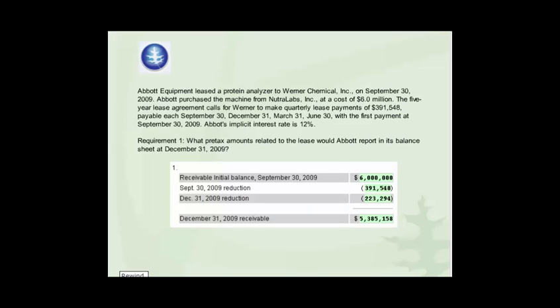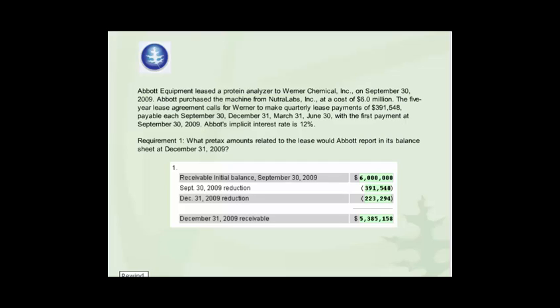In answering the question, what pre-tax amounts related to the lease would Abbott report on its balance sheet at December 31st, 2009, you see the answer appearing below on the image in the lower part of the screen. The initial balance of the receivable was $6 million. The September 30th payment reduced it by $391,548, the full amount of the payment.